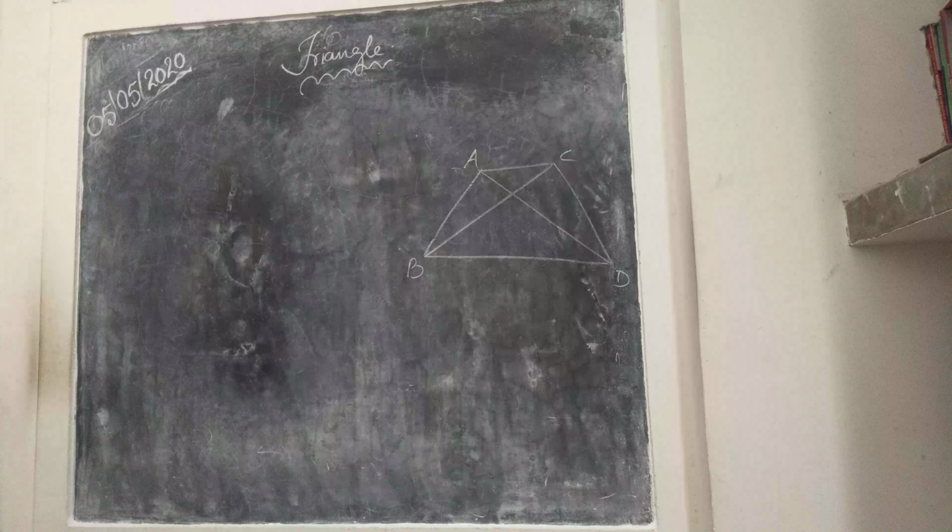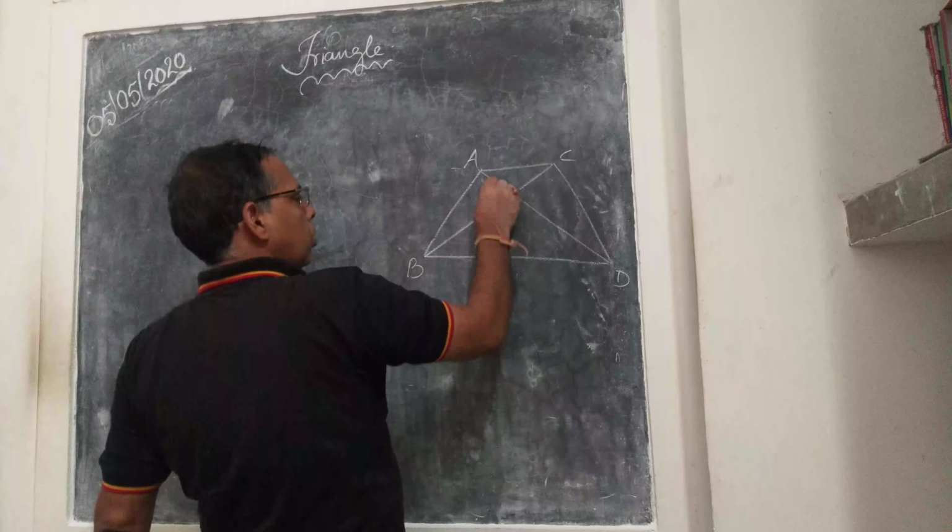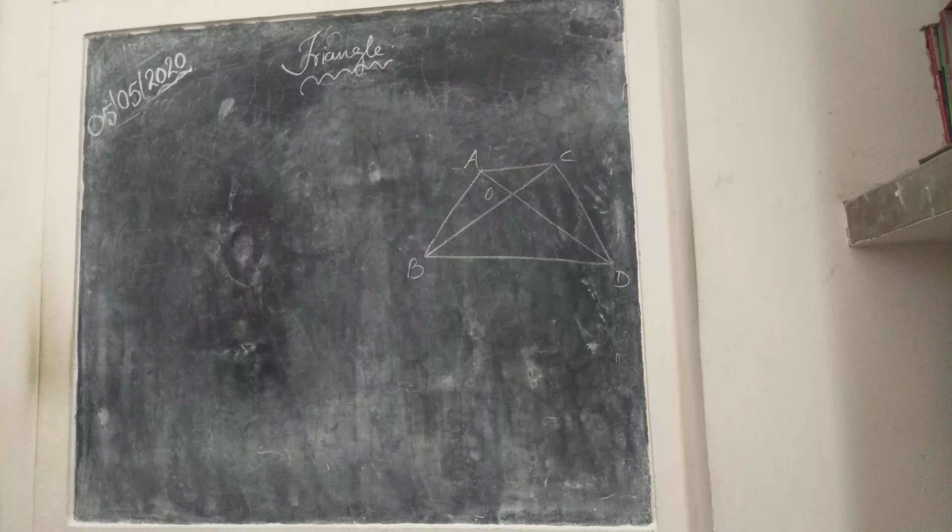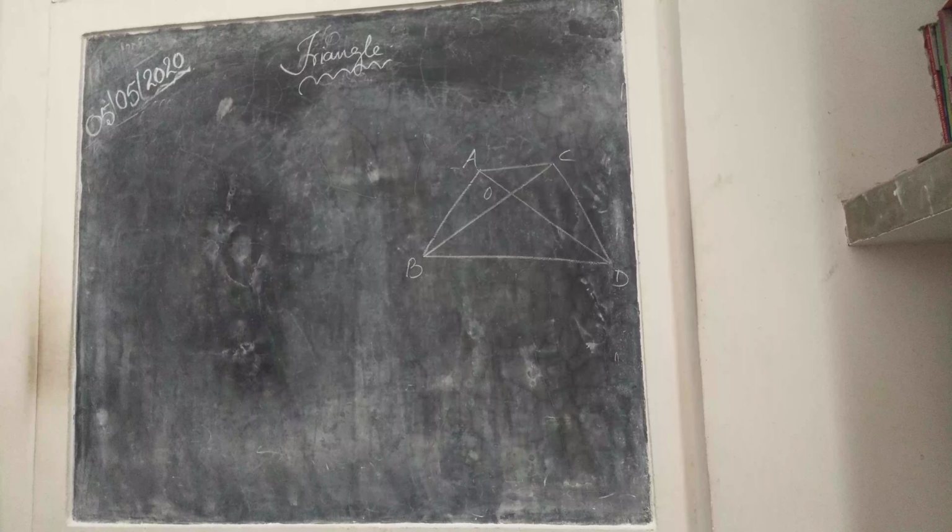Now let's see what the condition given is. It is given that in figure 6.44, ABC and DBC are two triangles on the same base BC.